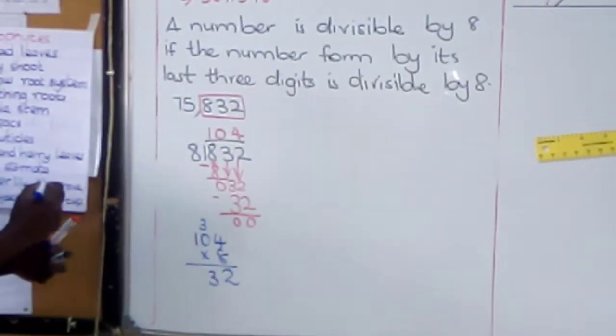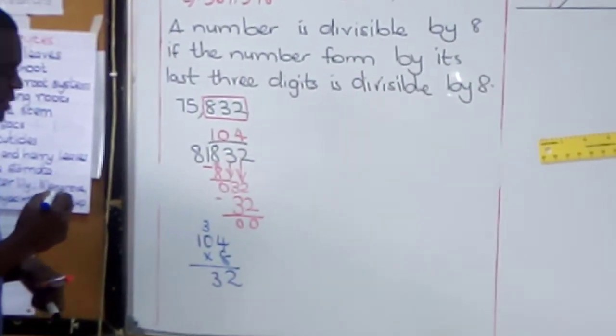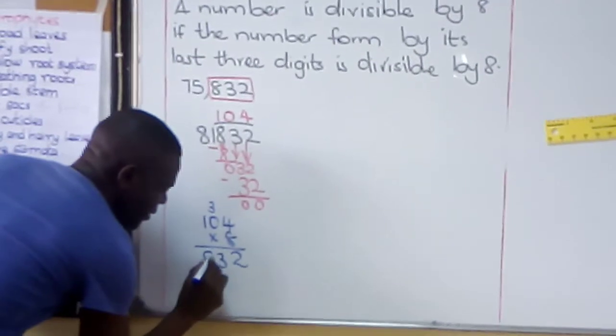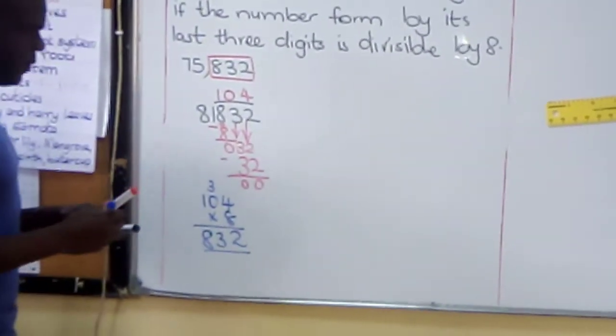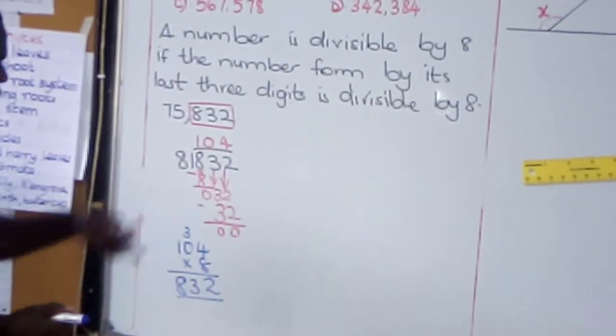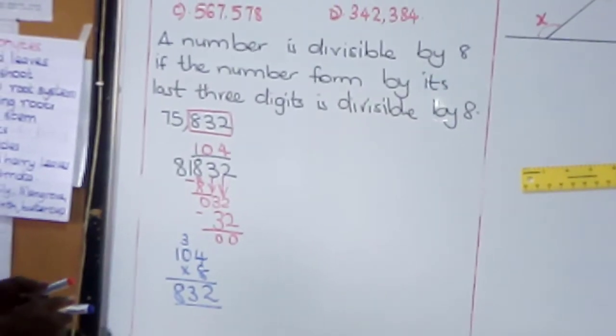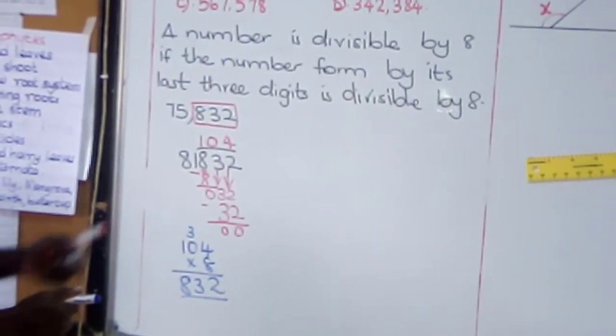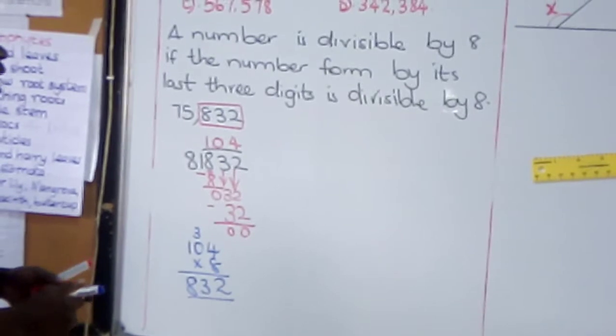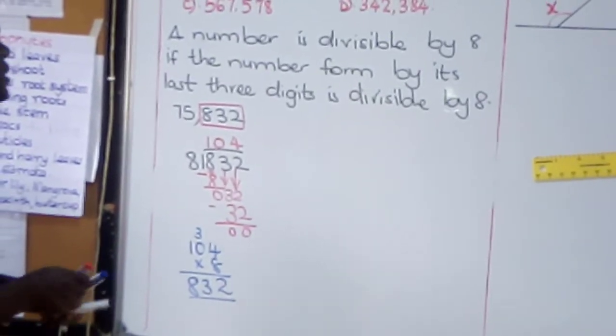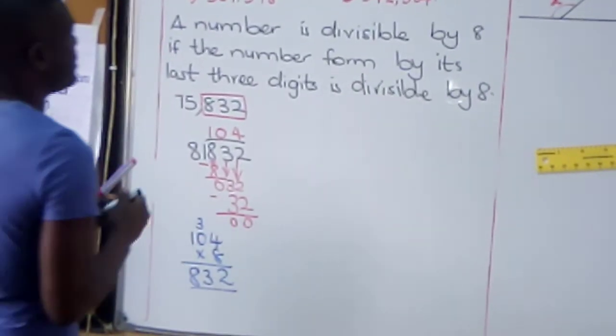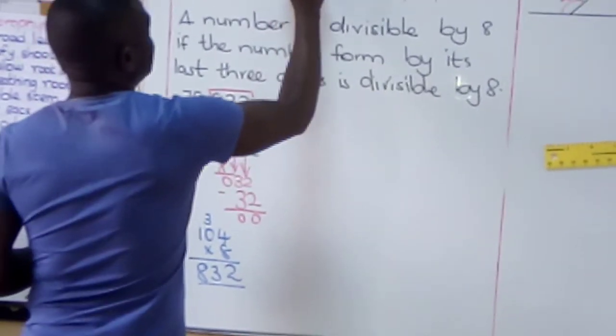Now 8 times 1 is 8. So we just have proved that 832 is divisible by 8 because of 104. And so this number, A, is divisible by 8.